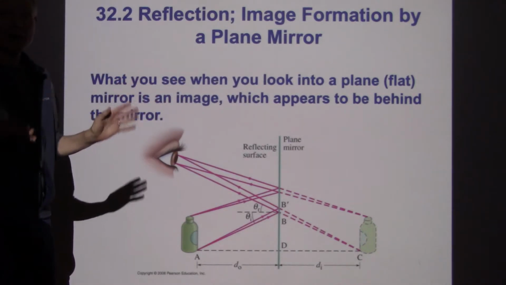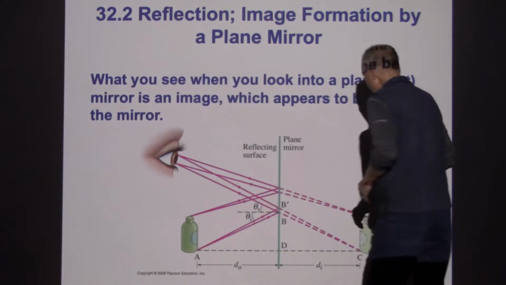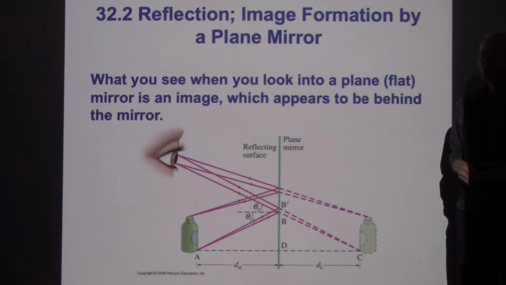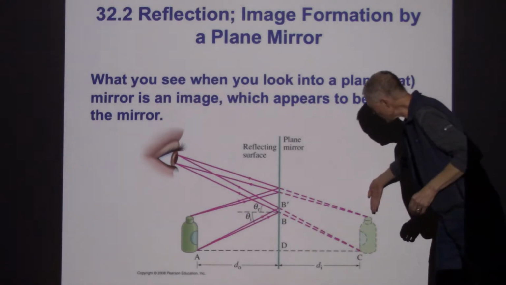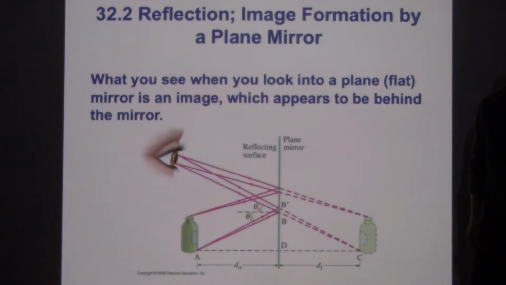It never goes back behind the mirror. And so an image that appears to be back behind the mirror is considered not to be real. It's called virtual. So, for example, if I put a screen right here, I wouldn't be able to see that image. That image is not going over there.